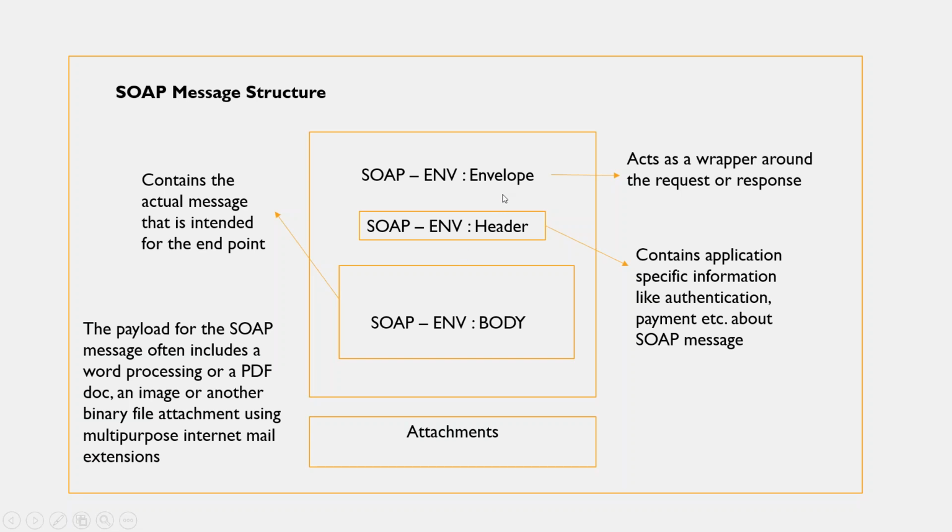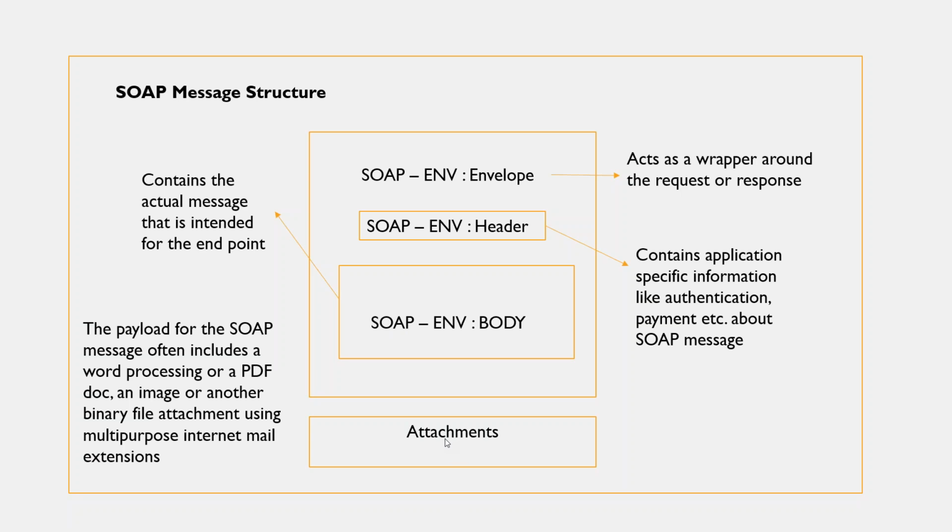The SOAP message consists of an envelope, header, and body. The envelope acts as a wrapper around the request or response. The header contains application-specific information like authentication, payment, etc. And the body contains the actual message intended for the endpoint.